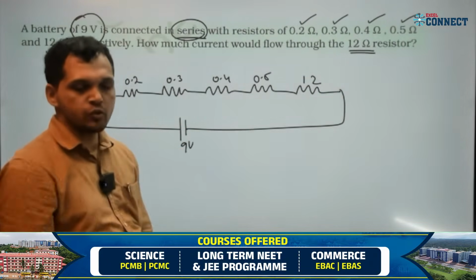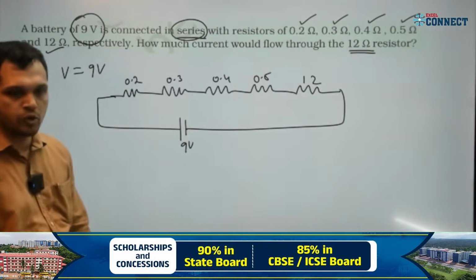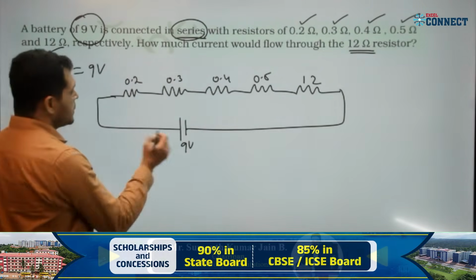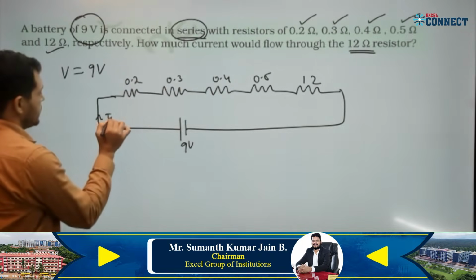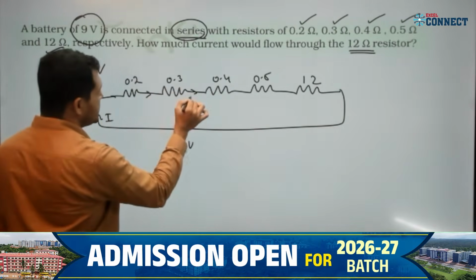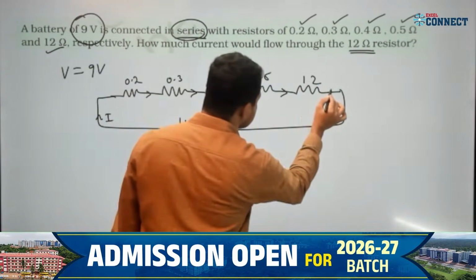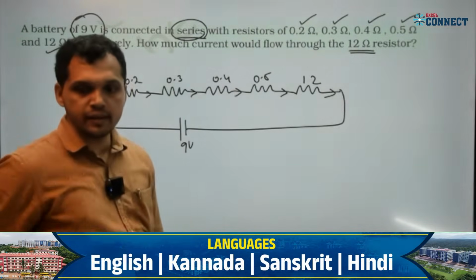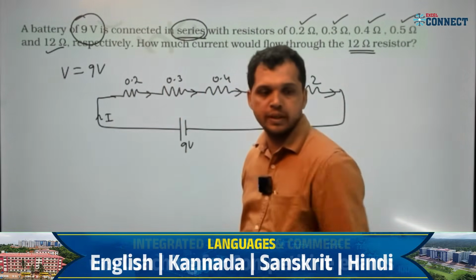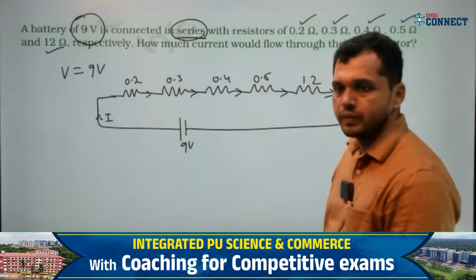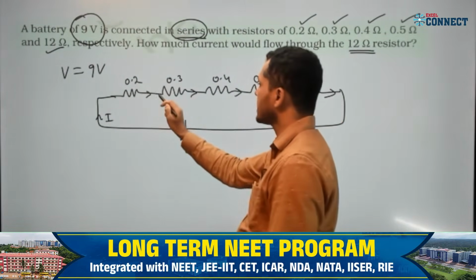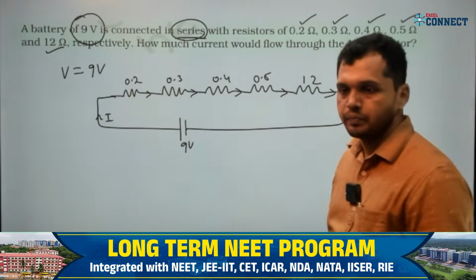This is the application of a series combination of resistors. Now current I is flowing, and the current through each resistor is the same. Why? Because it is a series combination. In a series combination, current through each resistor is the same.